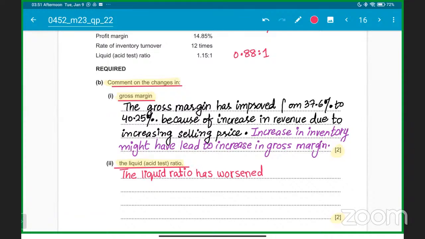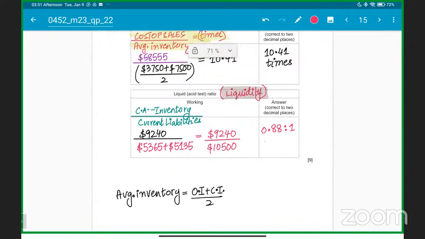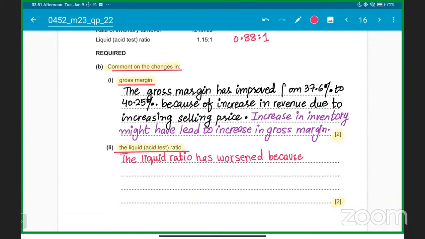The liquid ratio has worsened because you can see there's a fall. You can do it mathematically as well. We can clearly say this ratio will worsen because of the increase in the denominator. So the liquid ratio has worsened because of increase in the current liabilities. Getting it? जितनी current liabilities increase होंगी, you will have fewer assets to pay for it.